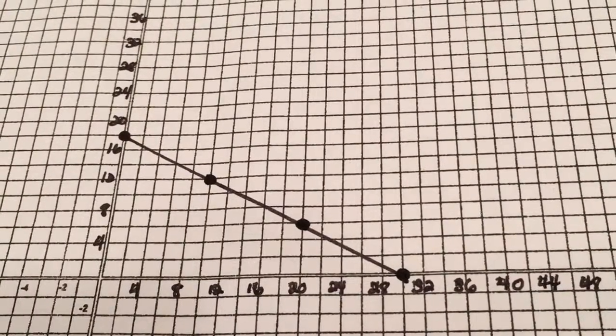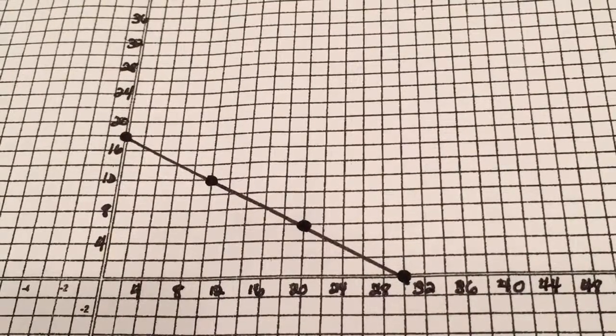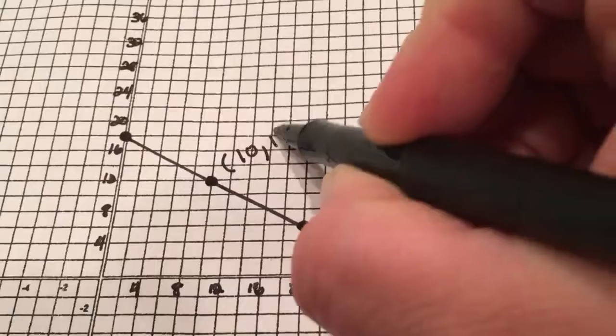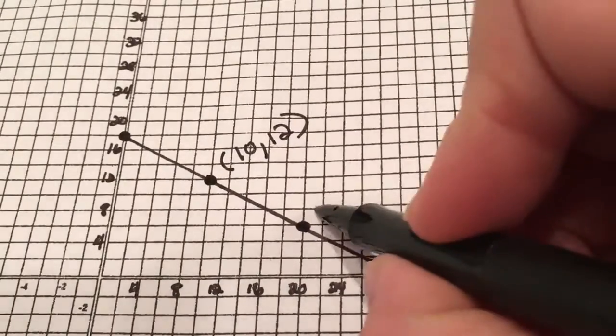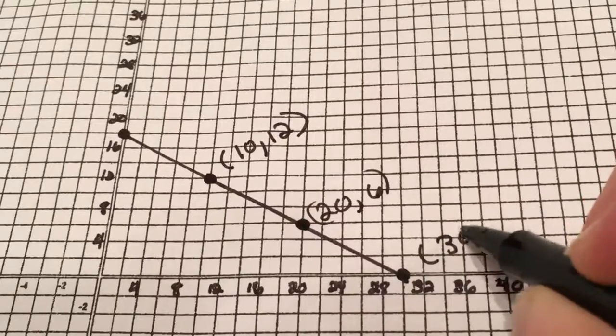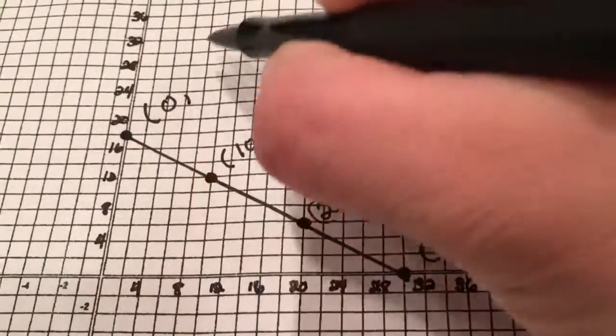But again, if you have a good online graphing tool, similar to Desmos, then you would be able to see it much, much clearer. So these are the only possible solutions. So this is (10, 12). This one is (20, 6). This is (30, 0). And this one is (0, 18).